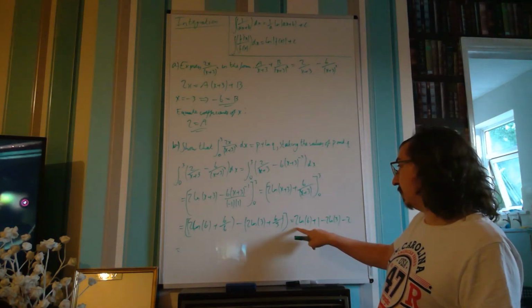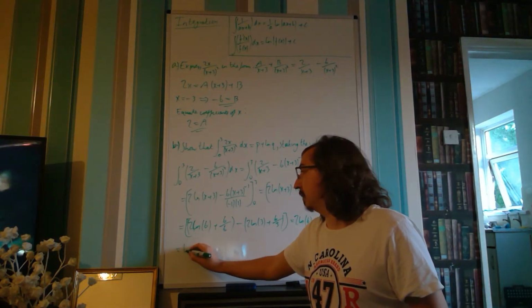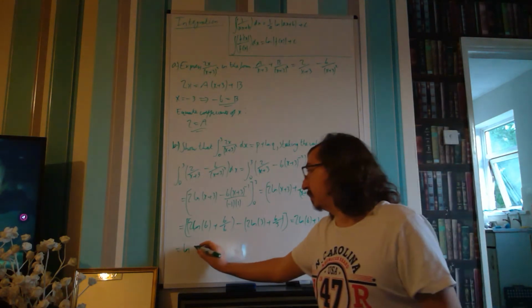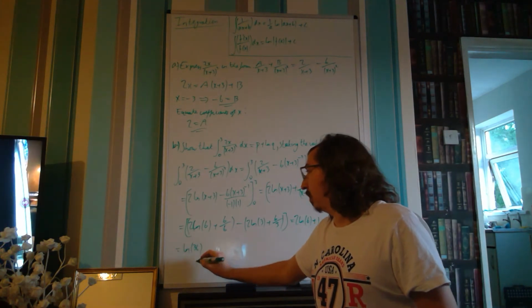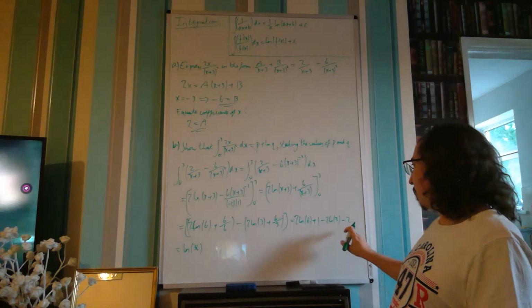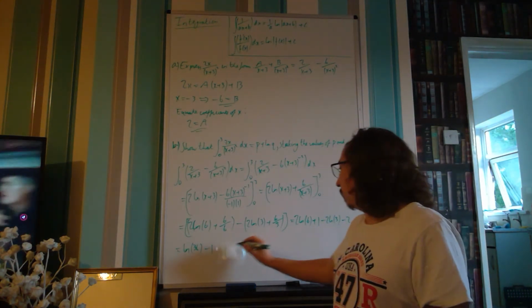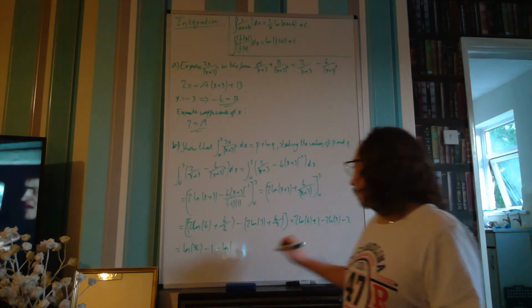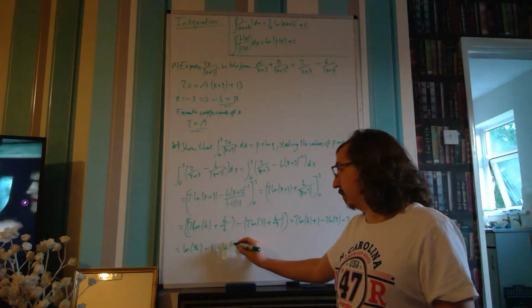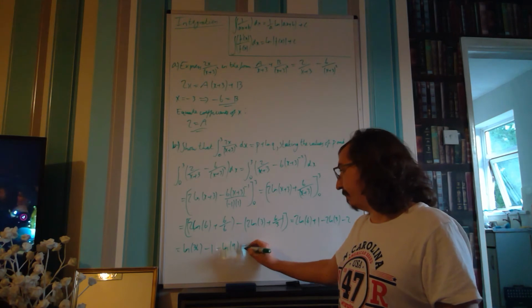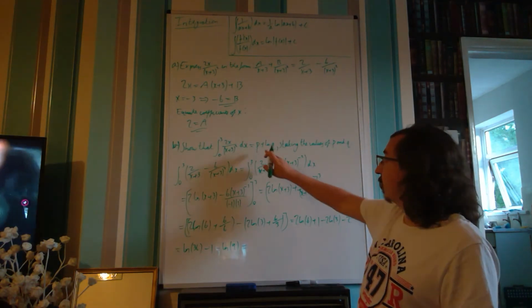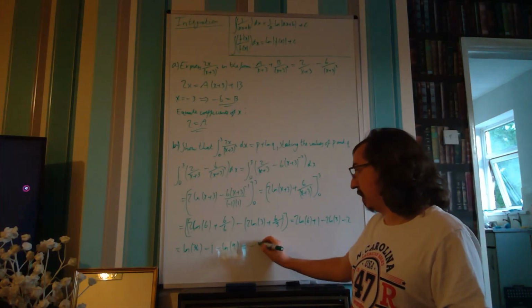Applying some log laws then, we can rewrite that as the ln of 6 squared, which is 36, plus 1 minus 2 is minus 1, minus the natural logarithm of 3 squared, which is 9. So we have our constant, our p value, which is minus 1.